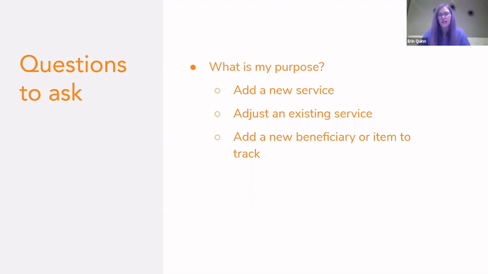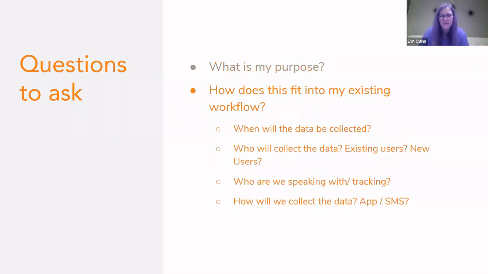So that's adjusting an existing service. Or are we adding an entirely new item to track? So maybe we had a maternal and child health application, and now we're looking to add something for the fathers of these children as well. And so you want to figure out where you land in that spectrum to really be purposeful about what you're adding and why you're adding it.